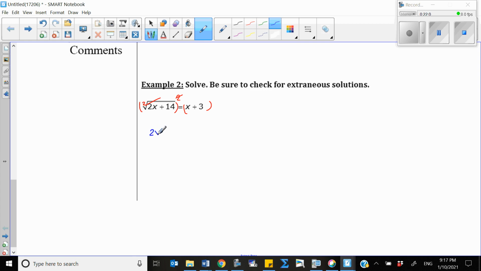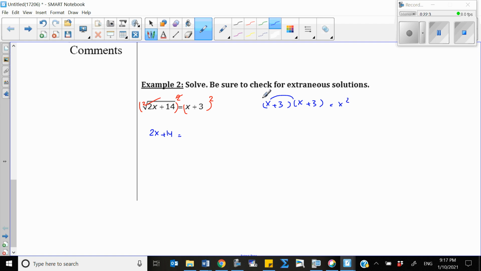And I will have 2x plus 14 equal to, this one was raised to the power of 2. So it's going to be x plus 3 to the power of 2. Now, I'm not going to write this in this way here. I'm going to expand x plus 3 squared. That means x plus 3 squared is basically x plus 3 times itself. Now I'm just going to FOIL that.